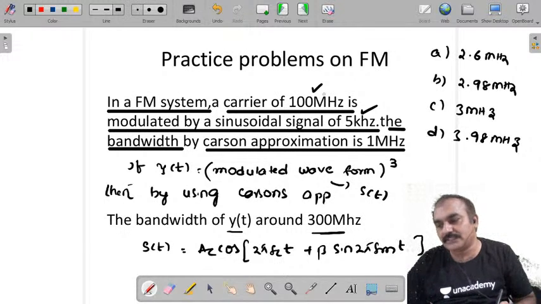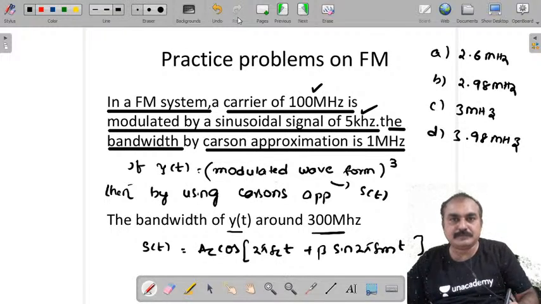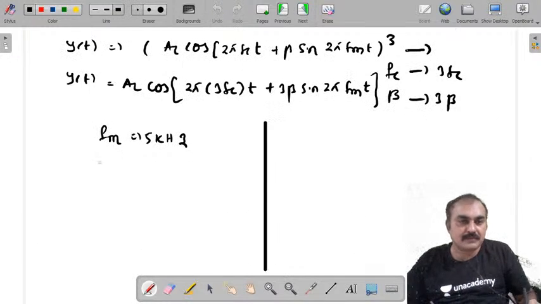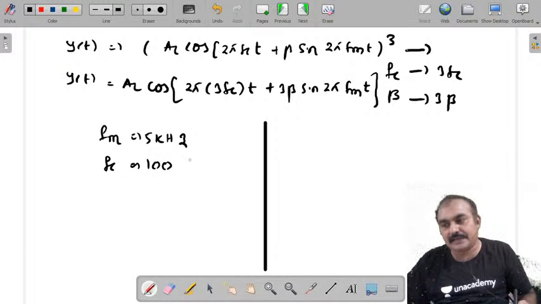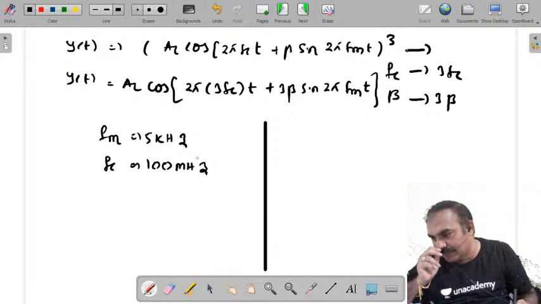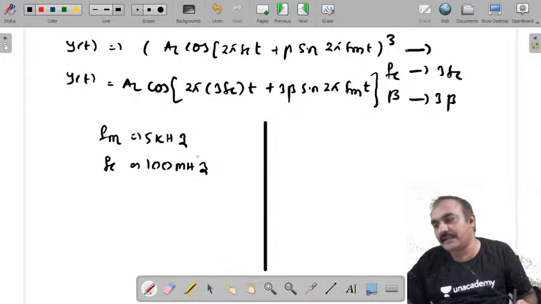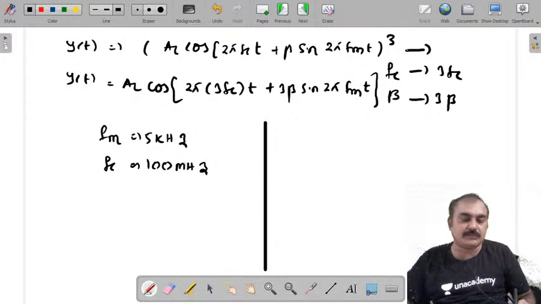Okay, my dear students. Now I am writing that Fc equal to 100 megahertz. Now here what I am going to do? First, calculate the bandwidth, because it is Carson's rule.